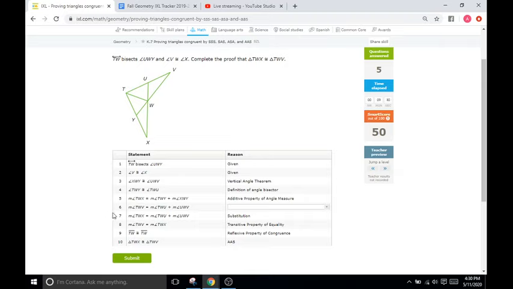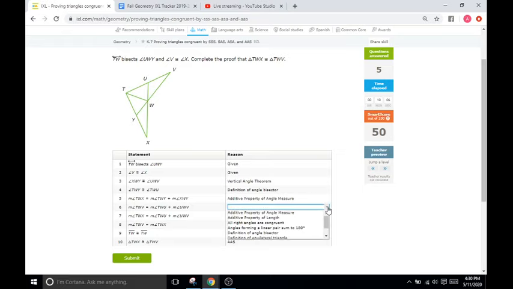So we go down to step 6 here, and it's saying that the measure for angle TWV, so this angle right here, is going to equal, or it's a combination of TWU and then UWV. So all it's saying is this entire angle is a combination of this little angle and this little angle.